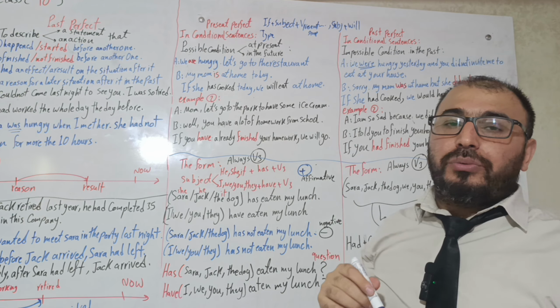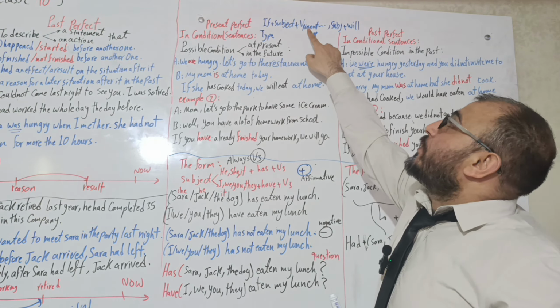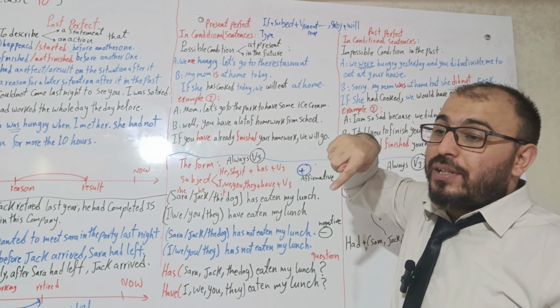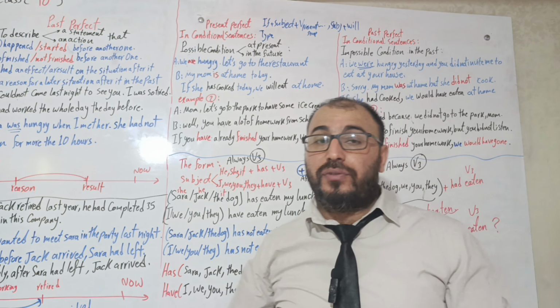And this is correct but not precise. We can use present perfect here, we can use a present continuous in type 1 conditional sentences, and we can use will or going to or present continuous for future.